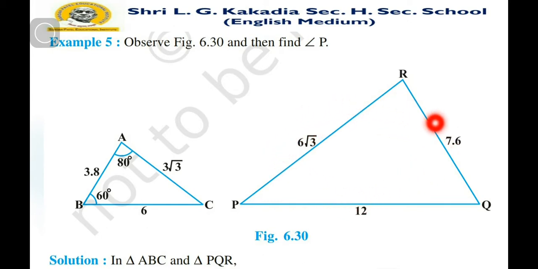So we can take the SSS rule, and then we can say that both triangles are similar, and hence comparing the corresponding angle of P, we can find angle P.